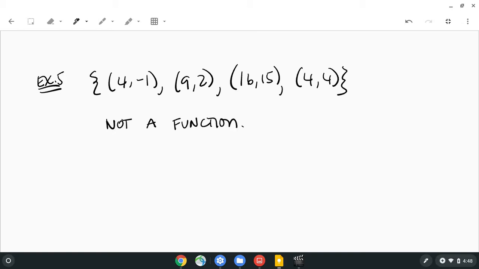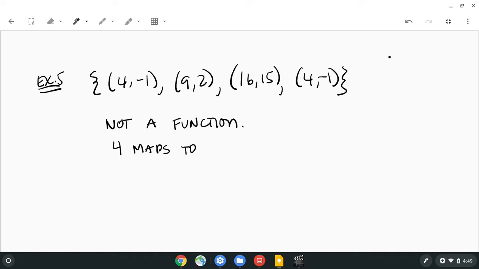And the reason why is because this x value, 4, gets mapped to -1 and +4. Make sure, because they might try to trick you, and they might put not 4, 4 here on the end, but they might say 4, -1. Okay, which is exactly the same point as this one over here. So make sure that 4 is really getting mapped to 2 different y values.